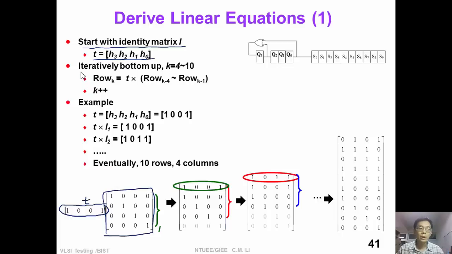We will work iteratively from the bottom up, starting from k equal to 4. Row k is actually equal to T, the row vector, times the matrix of the previous 4 rows. For example, when we multiply T by the identity matrix I, we get row 4.